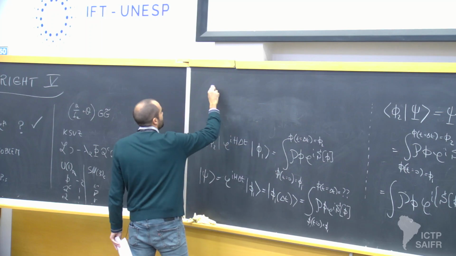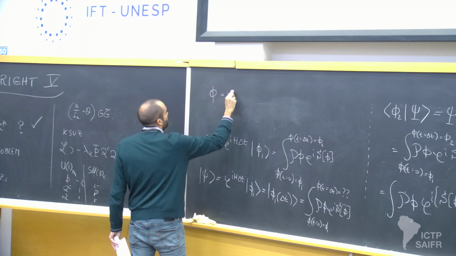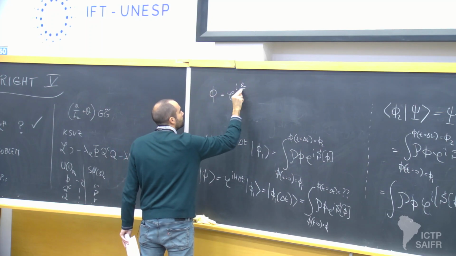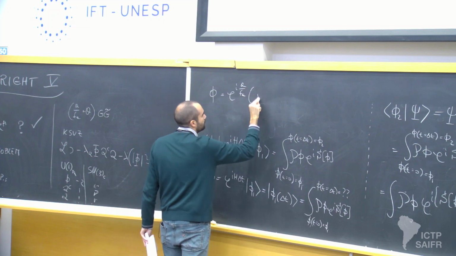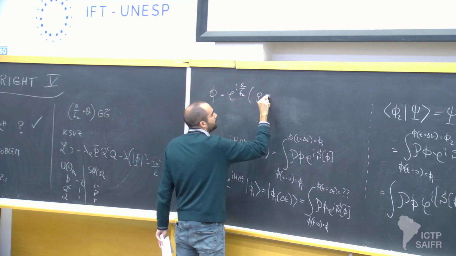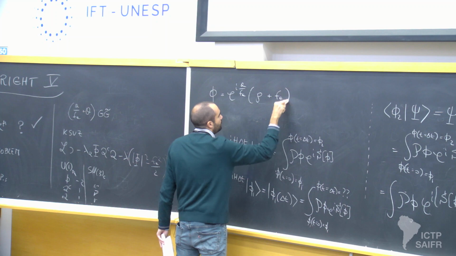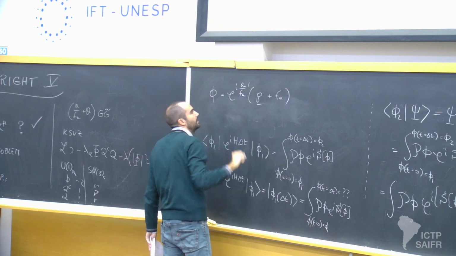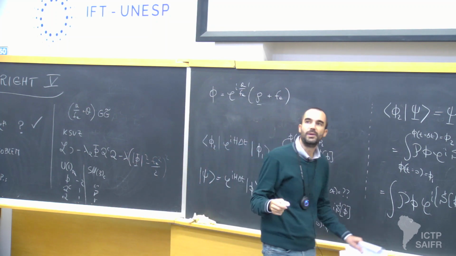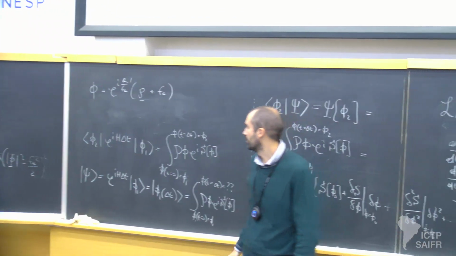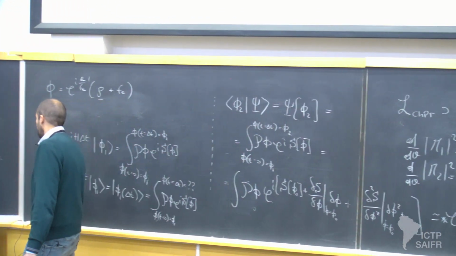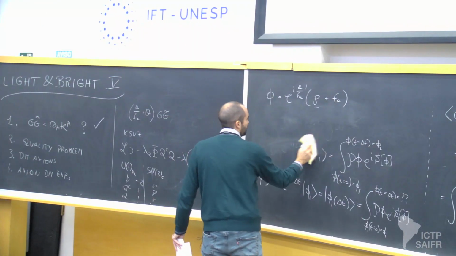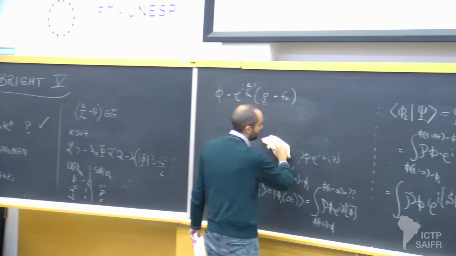you can expand the scalar around its vacuum, where rho and A are the two fields parameterizing the 2 degrees of freedom of the complex scalar. And then you can ask what happens at low energy.